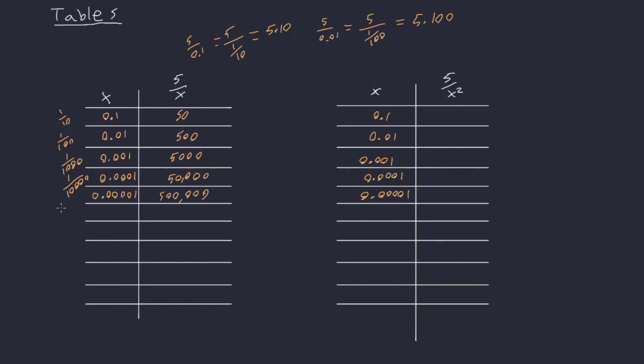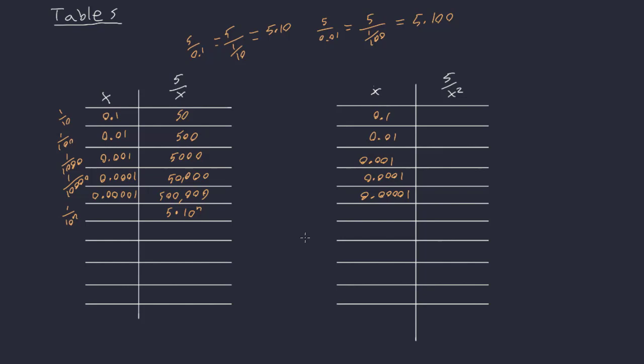Okay, so essentially, for x given as any 1 over 10 to some power n, right, 1 over 10 to the n, that y value is going to be 5 times 10 to the n. Right, so we're just adding that many zeros on.